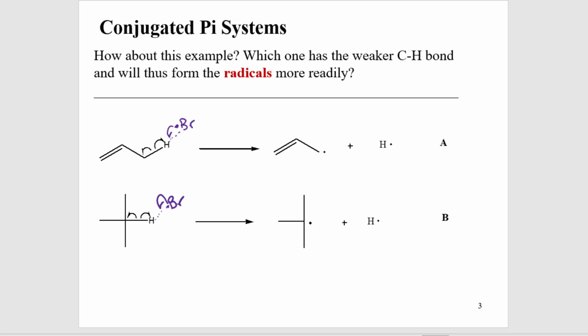And again, you never make hydrogen radicals. We would make HBr in both of these cases. So what we're doing is comparing this right here.